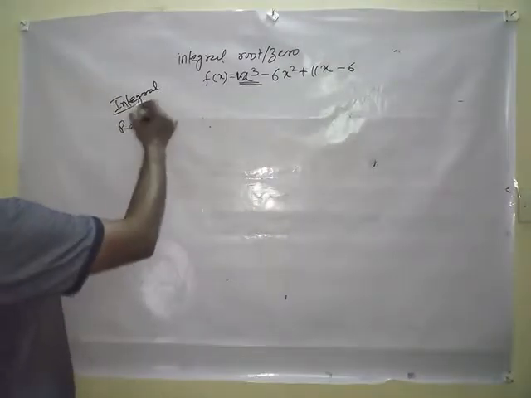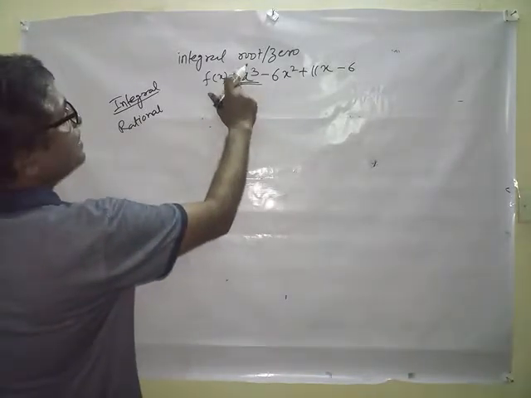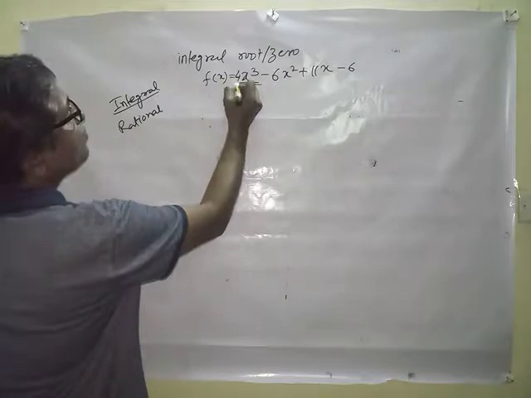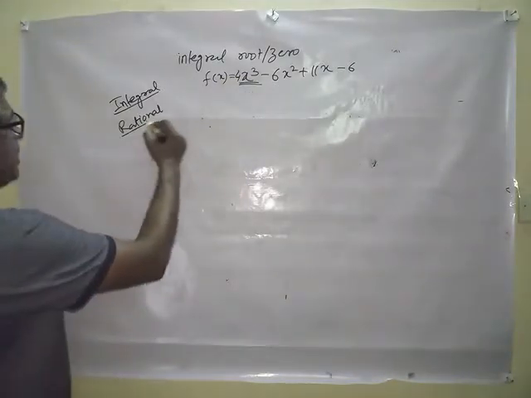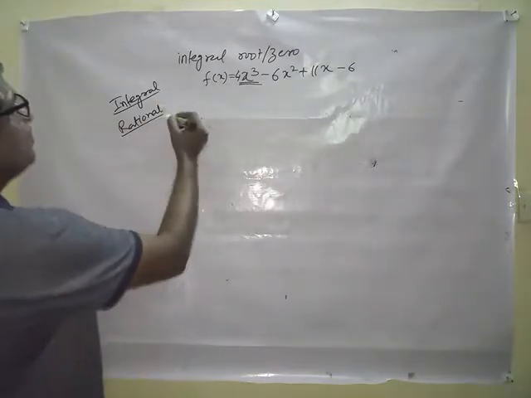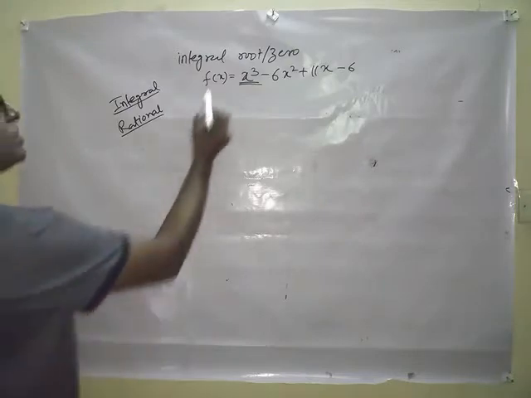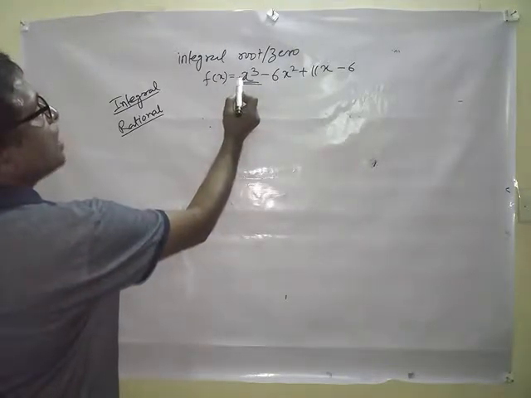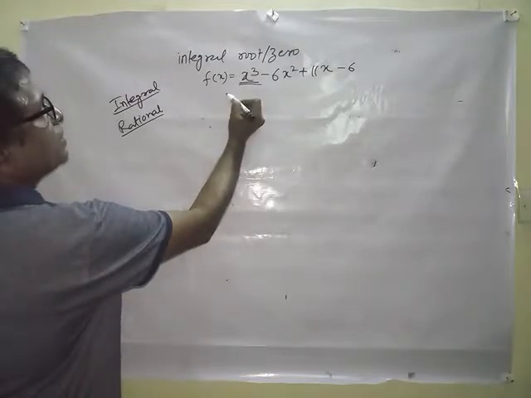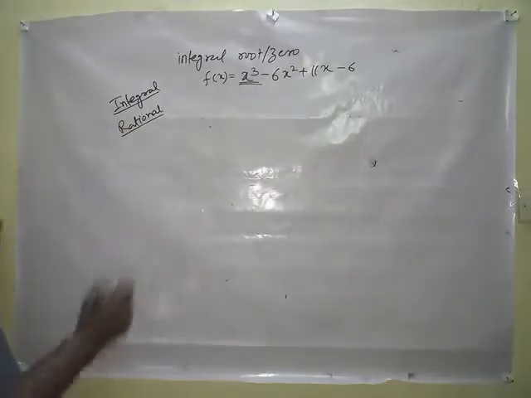If the highest degree term has a coefficient other than 1, then you will apply the rational root theorem. So that is the difference in when you apply which. Now since in this equation the highest degree is 3 and its coefficient is 1, we use the integral root theorem.